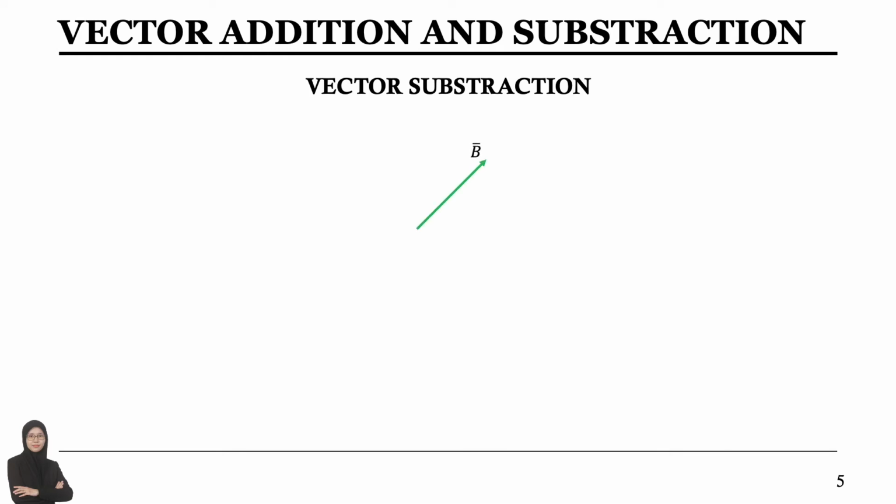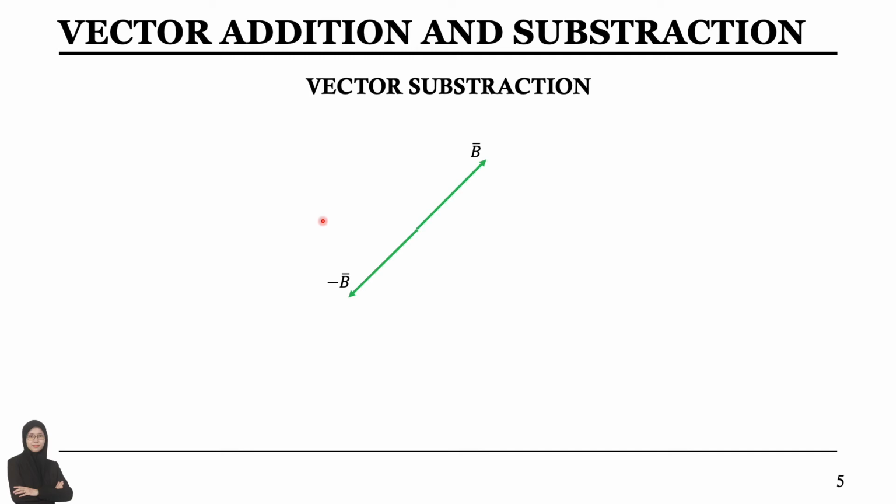Vector subtraction. Let's say we have a vector B. Then we have minus vector B. This minus vector B is also a vector B, however it is in the opposite direction.